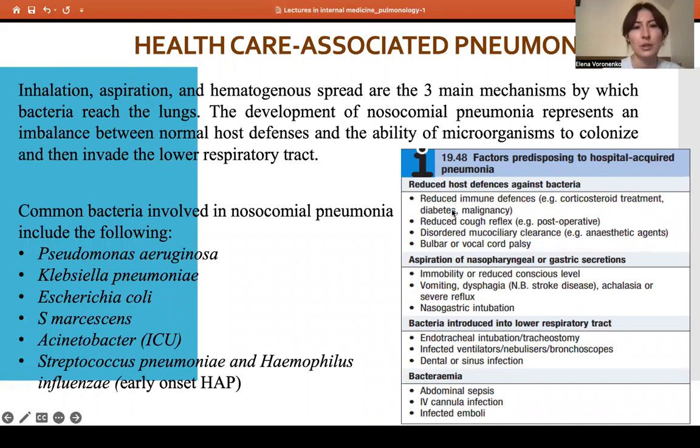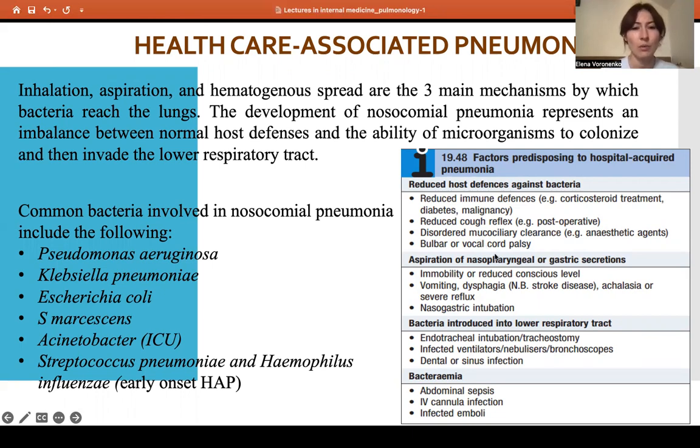Inhalation, aspiration, and hematogenous spread are the three main mechanisms by which bacteria reach the lungs. The development of nosocomial pneumonia represents an imbalance between normal host defenses and the ability of microorganisms to colonize and then invade the lower respiratory tract.